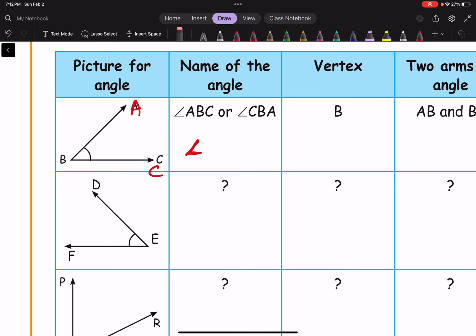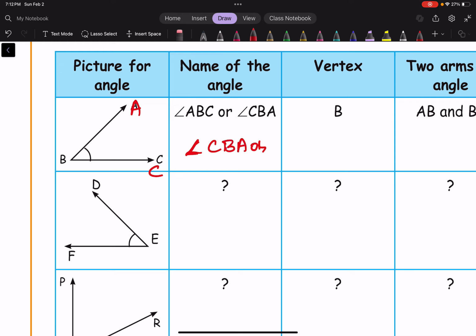So angle B is the angle we are talking about. The vertex always lies in the middle, so B comes here. Next A can be here and C can be here, or else the other way around. B is always in the center, and next A.